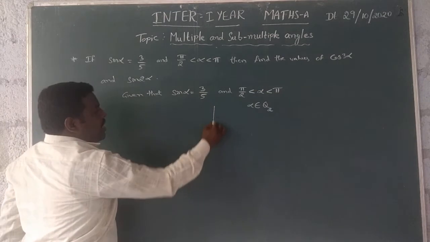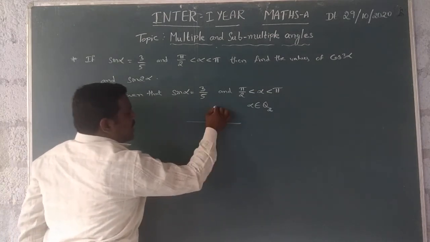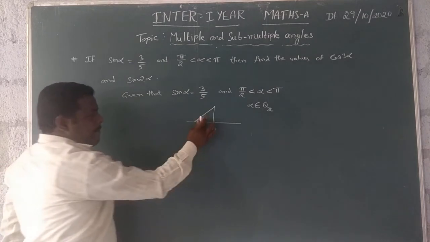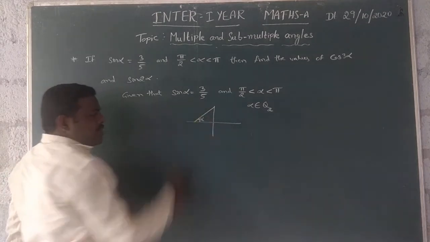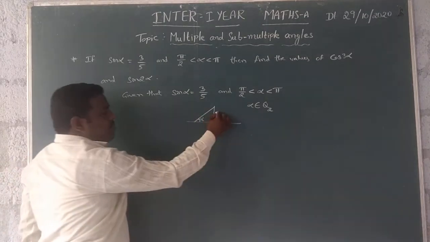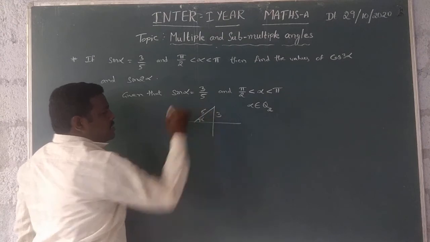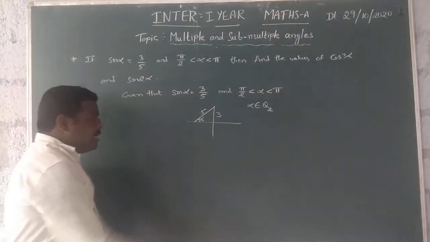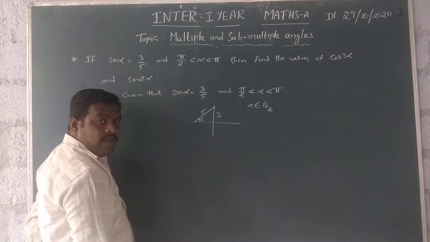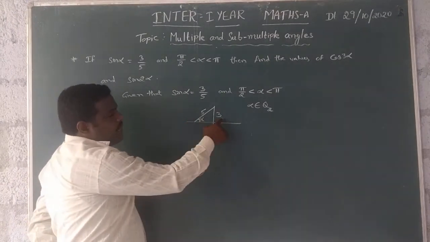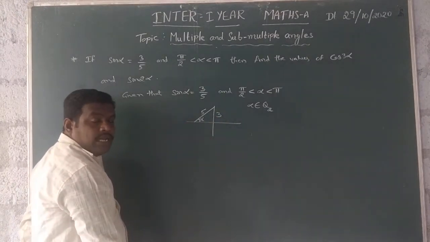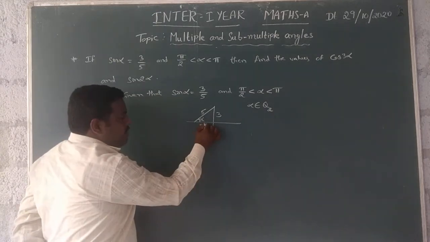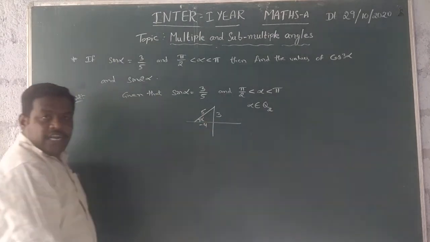So we can draw a right angle triangle in the second quadrant for angle alpha. Sine means opposite by hypotenuse, 3 by 5. What is the value of the adjacent side? This side value is negative. 5 square minus 3 square, 25 minus 9, 16, 16 means 4. So this side is negative, minus 4.